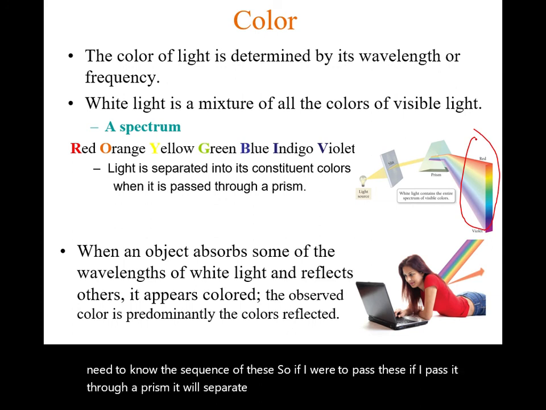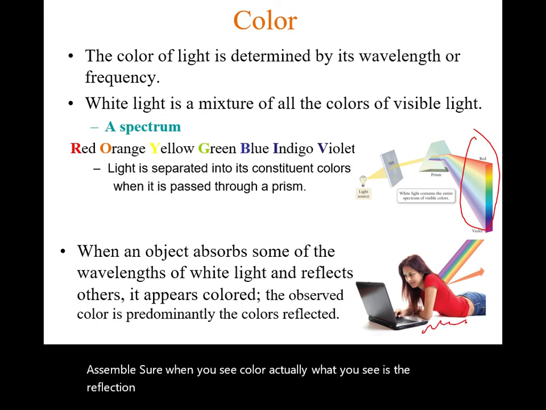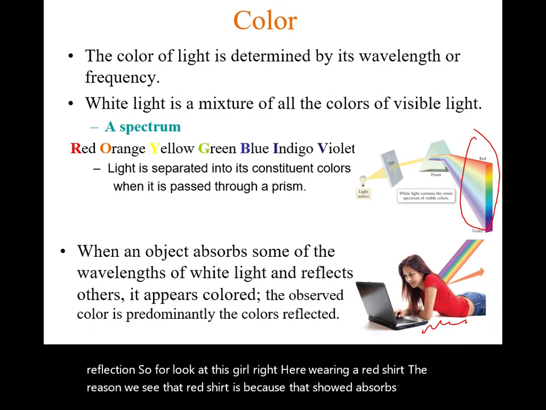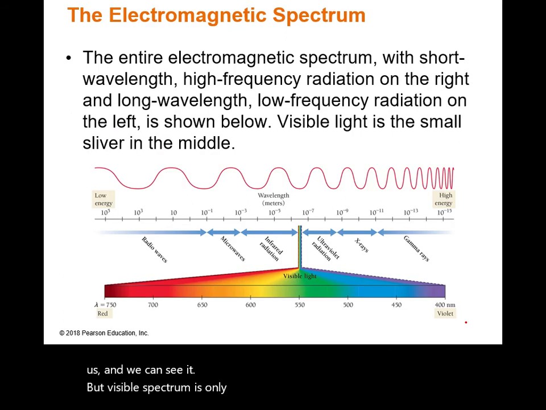The same is true when you see color. Actually, what you see is the reflection. So if we look at this girl right here wearing a red shirt, the reason we see that red shirt is because that shirt absorbs all the color from that visible spectrum except red. That red reflects back at us and we can see it. But the visible spectrum is only a small part of the electromagnetic spectrum.